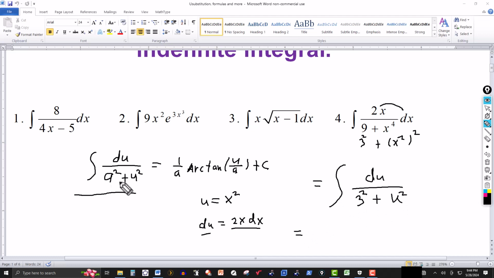This is now in this format where the 3 is the a, and of course u is the u. So on the formula, this will be 1 over a. In our case, a is 3. So this will be 1 over 3 here. And then arctangent, I can also write this as tangent inverse of u over a. In our case, u is x squared over a, which is 3 in this example, plus the constant of integration.